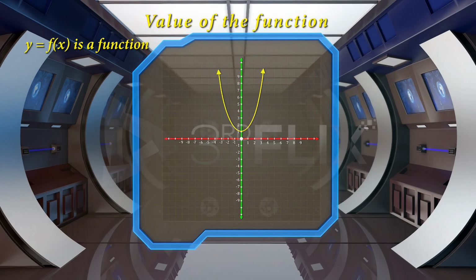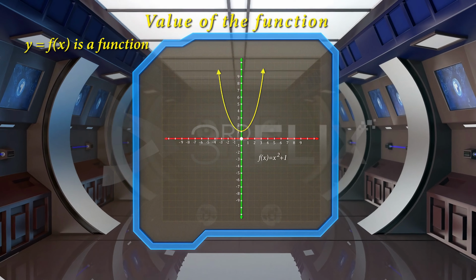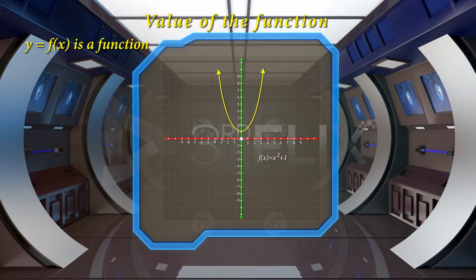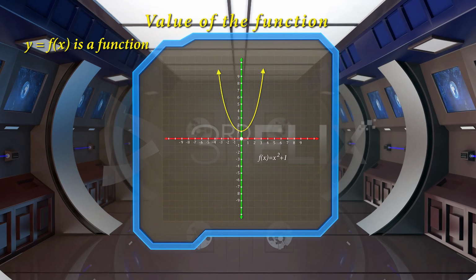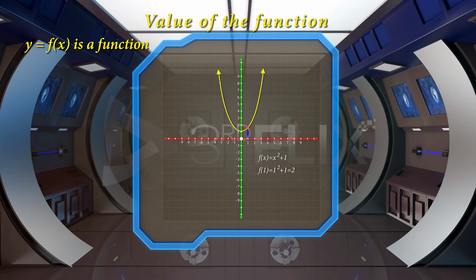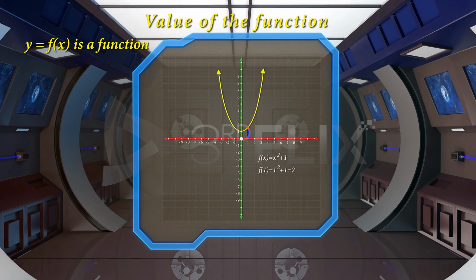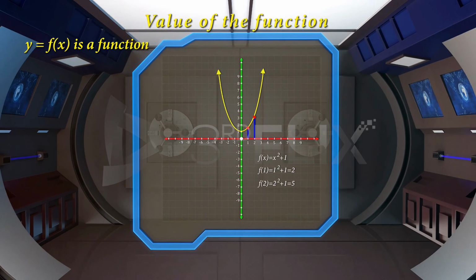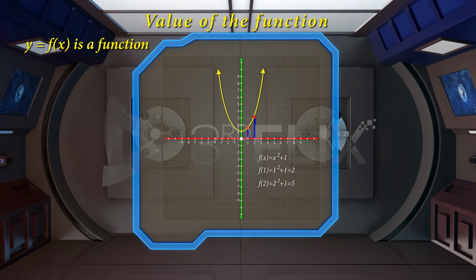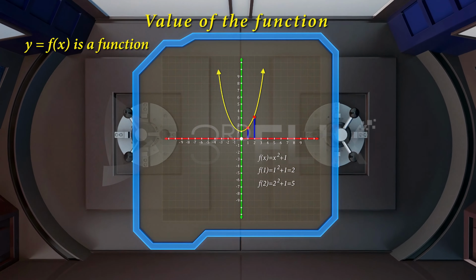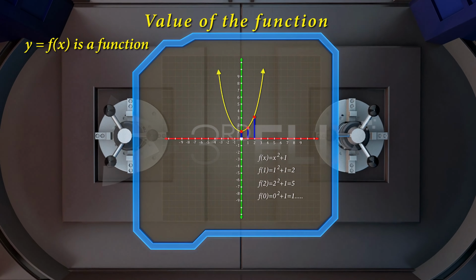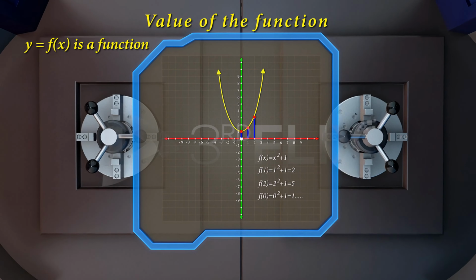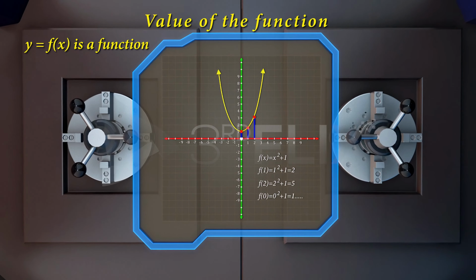Example: if f of x equals x squared plus 1, then f of 1 equals 1 squared plus 1 equals 2. F of 2 equals 2 squared plus 1 equals 5. F of 0 equals 0 squared plus 1 equals 1, etc.